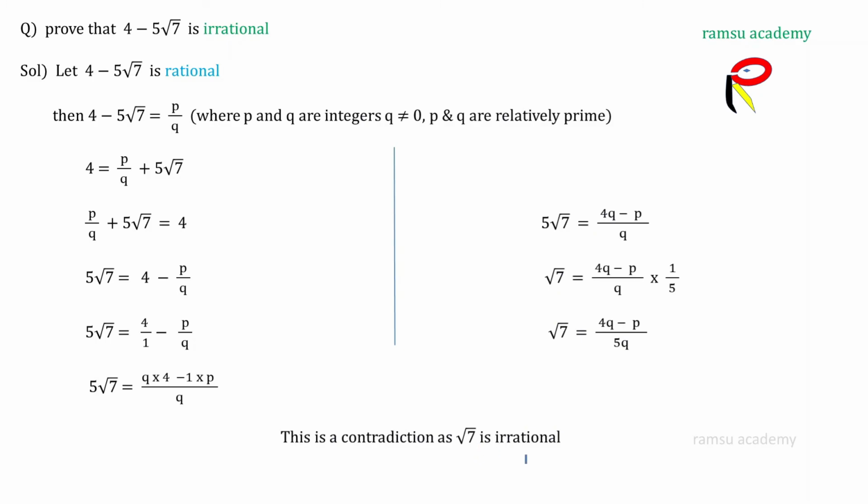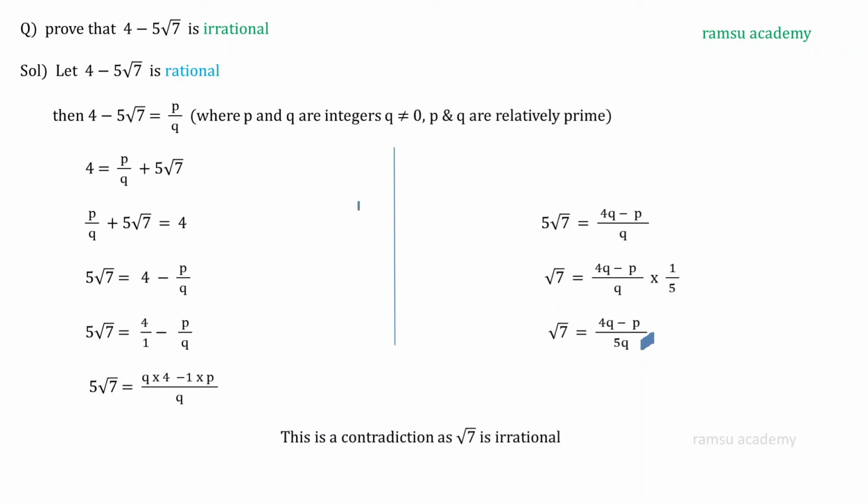Root 7 is irrational, so we cannot write root 7 in the form of a fraction. But by simplifying these equations, we got root 7 in the form of a fraction. This is a contradiction to the definition of irrational numbers.